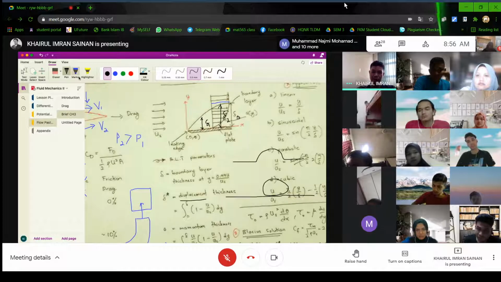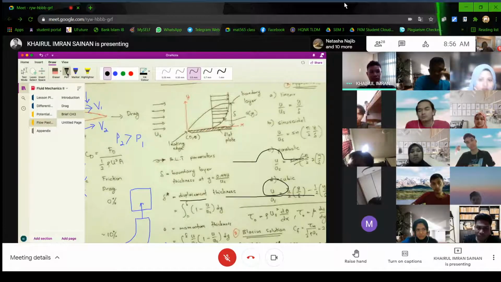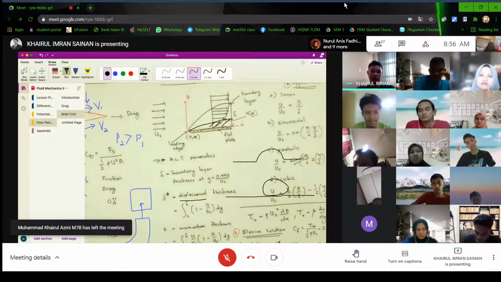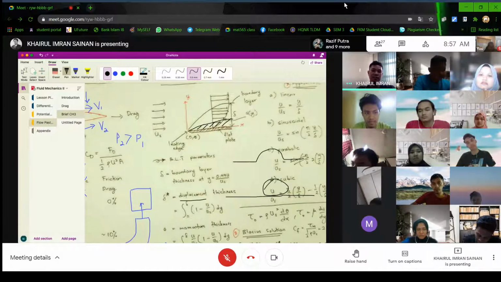So displacement thickness is actually an imaginary solid body. Imaginary, not there, because our solid body is only a flat plate. But due to this growing, we assume there is an imaginary solid body underneath. Like this concept, right?